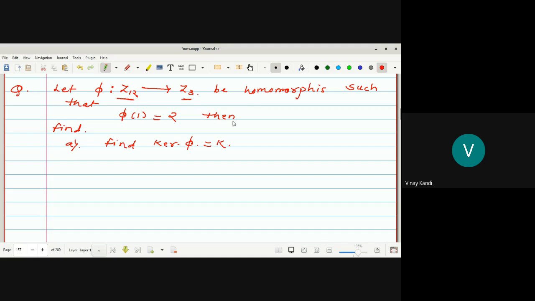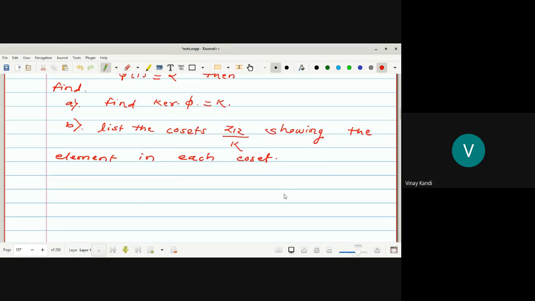Now, second one: list the cosets of Z12 divided by the kernel of phi, that is K, showing the elements in each coset. So we have to find the cosets of K in Z12.